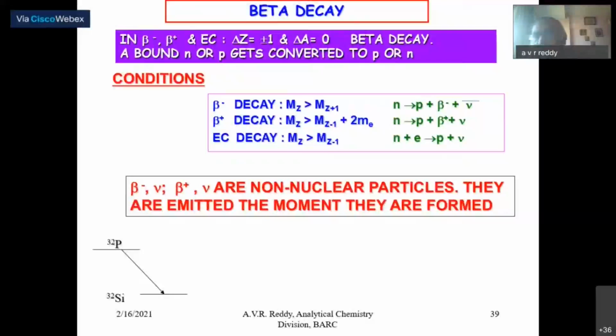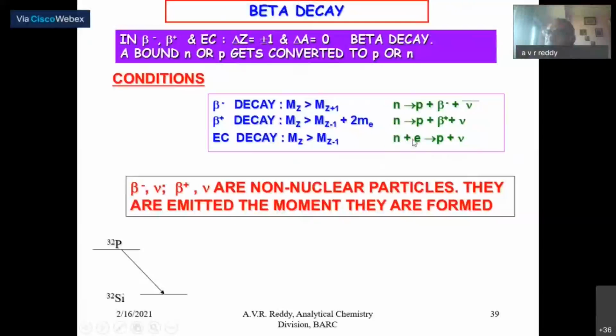A competing mode is that an orbiting electron can interact with the nucleus, or there can be overlap between the wave function of the electron and the nuclear wave function. There is a possibility that it will be captured, it will interact, and the electron can be captured by one of the bound neutrons.